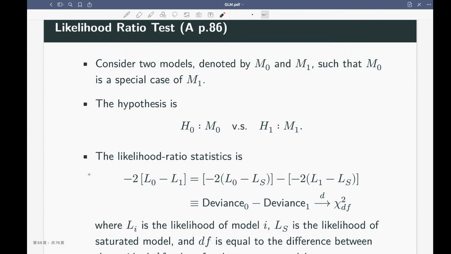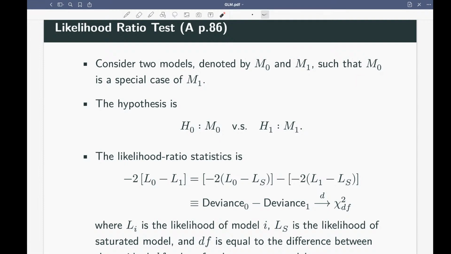This test is not in our textbook, but it's a very useful method to compare maximum likelihood estimation models. For the likelihood ratio test, at first we consider two models: the simple model M0 and the complicated model M1. That is, M0 is a special case of M1.